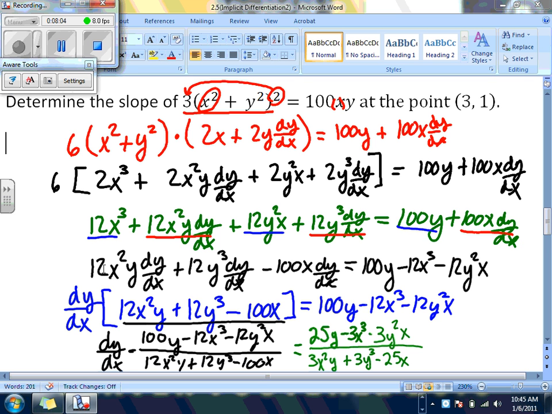All right. So I think I've simplified that about as far as I can go. I don't think there's anything more I can pull out.